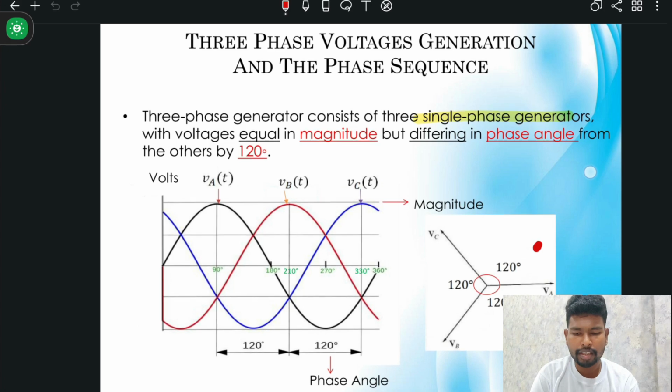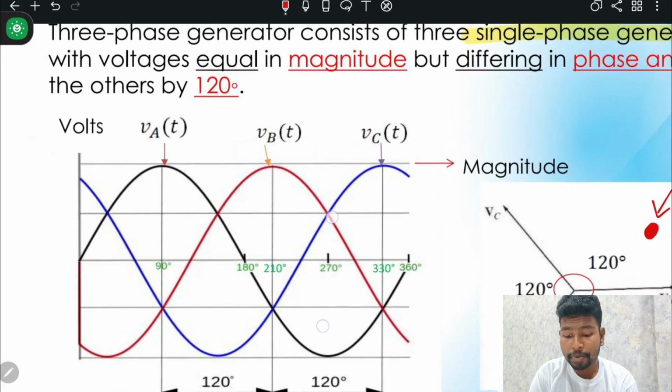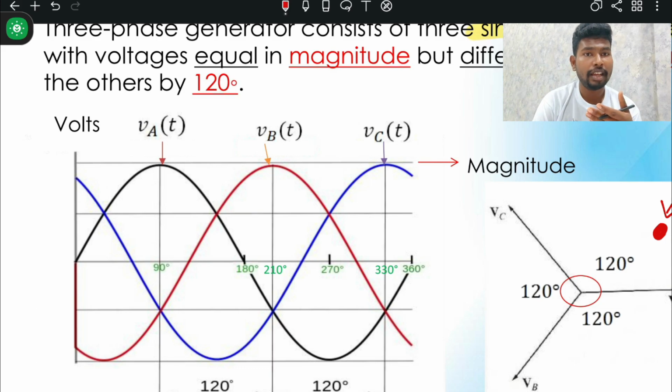Okay, here's the three-phase voltage generation and the phase sequence which we could actually observe if we are using oscilloscope. Okay, here they have used a positive sequence, and here's the results that we could obtain from oscilloscope. If you connect three-phase system to oscilloscope, this is what you could observe.